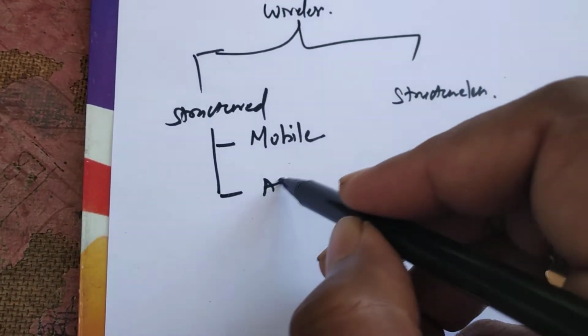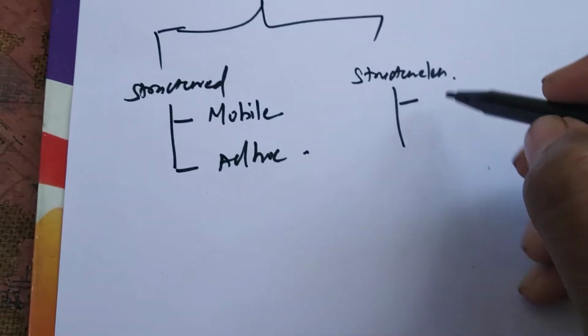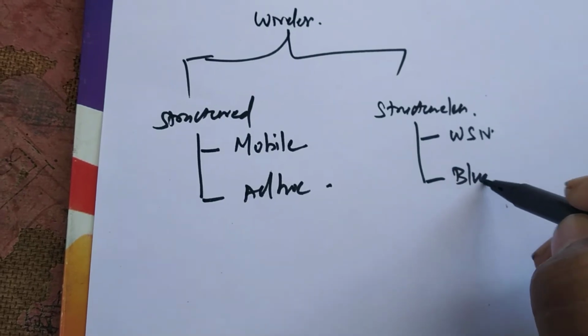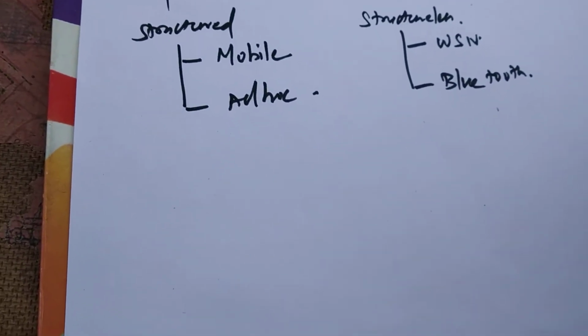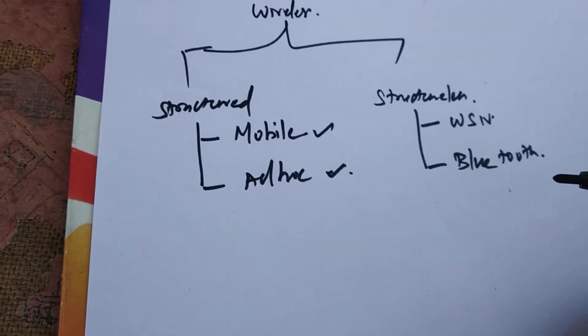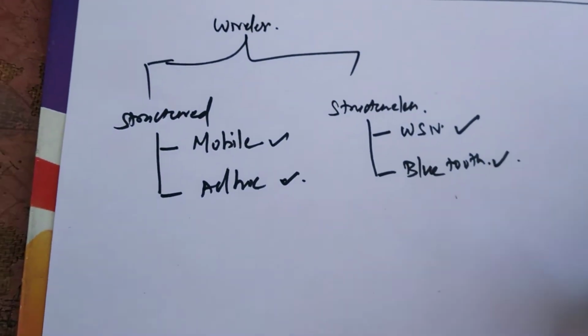The second is ad hoc. For structureless, we can see WSN. There may be a number of examples, but I am listing a minimum: a mobile network, ad hoc network, wireless sensor network, Bluetooth network.